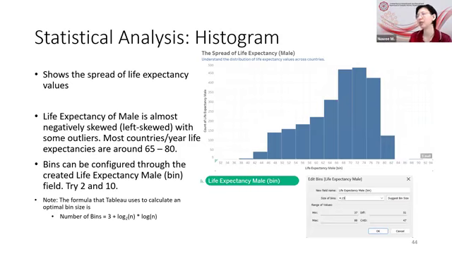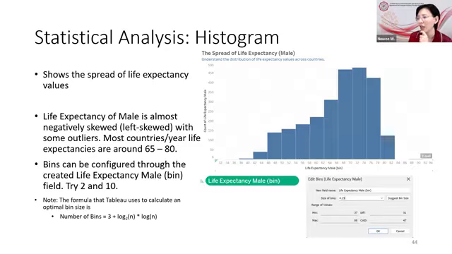So you can choose to use Tableau to explore the data. Once you get your data, you may not even need to use Excel at all. You can just go to Tableau and use it to visualize this statistical graph for you.